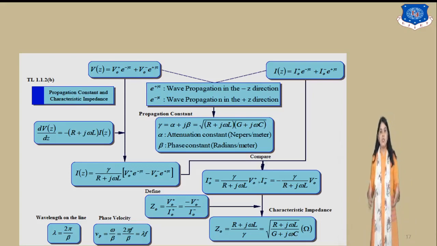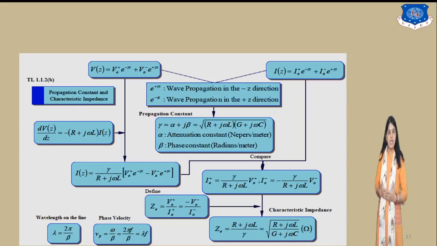V(z) is equal to V0 plus e raised to minus gamma z plus V0 minus e raised to plus gamma z. Similarly, I(z) is equal to I0 plus e raised to minus gamma z plus I0 minus e raised to plus gamma z.